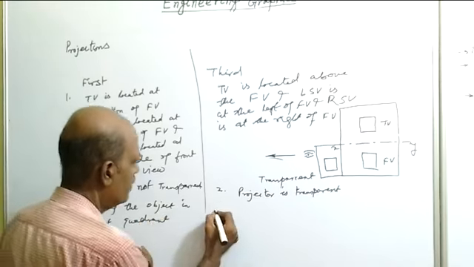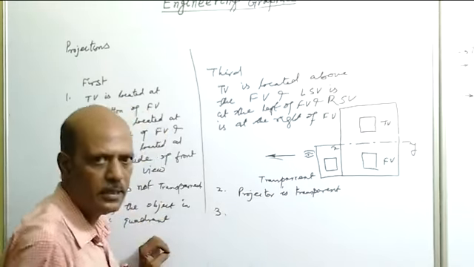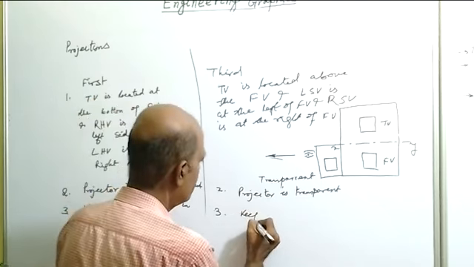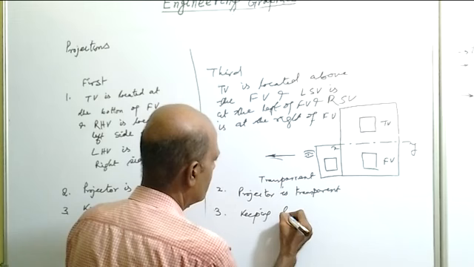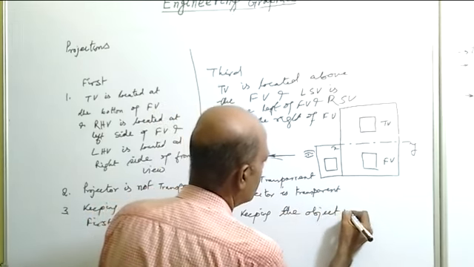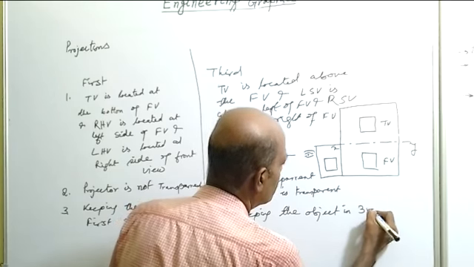And in this, the projection of the object is made by keeping the object in the third quadrant.